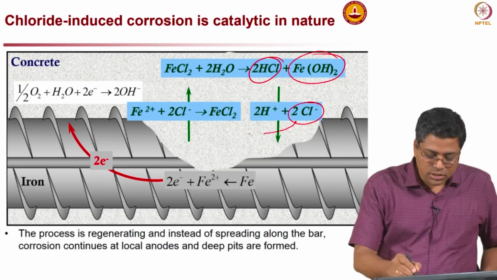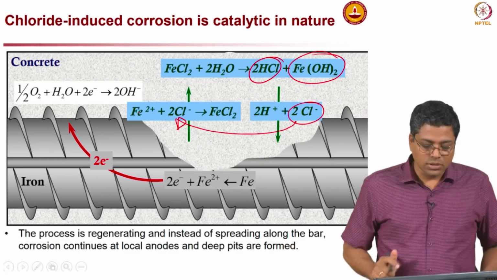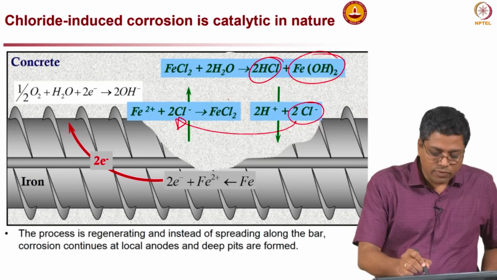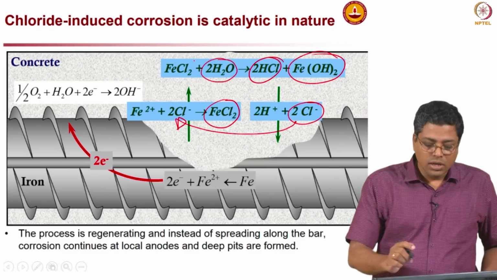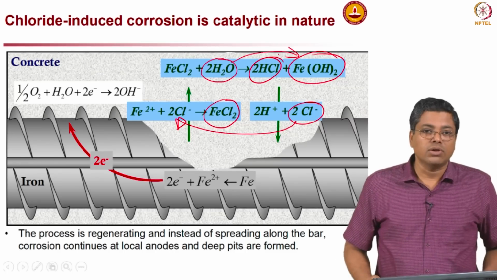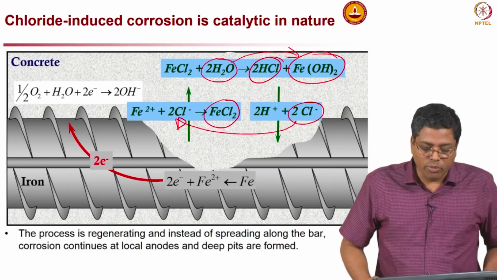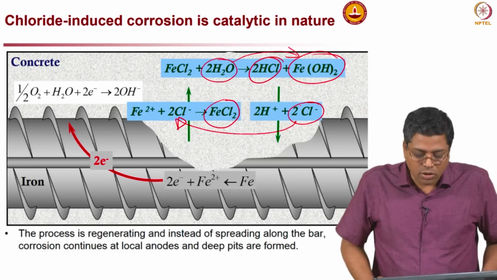In other words, this chloride is used again by other iron atoms, and you have ferric chloride, which, if there is sufficient moisture available, reacts to produce more ferrous hydroxide. So, you have more and more ferrous hydroxide forming using the same chloride ions.